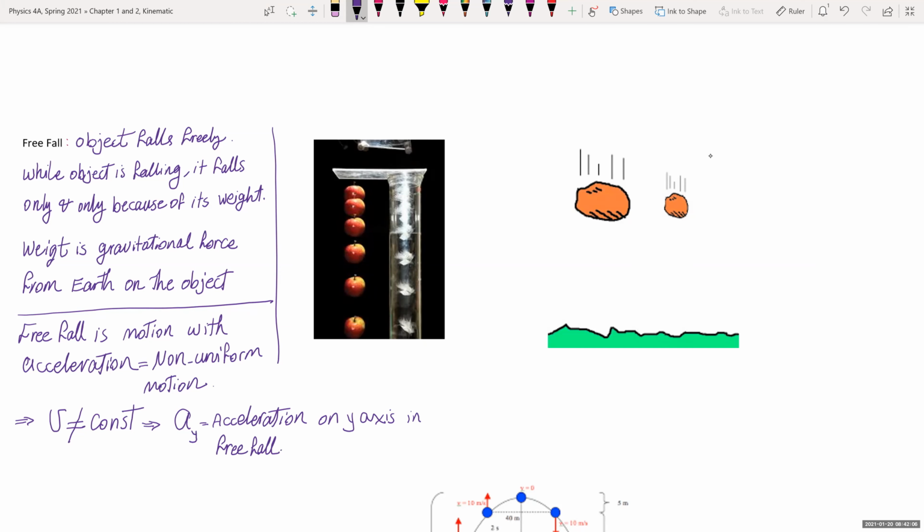So one more time: free fall is motion with acceleration. So it is non-uniform motion. That means speed is not constant, and when speed is not constant, we do have acceleration.